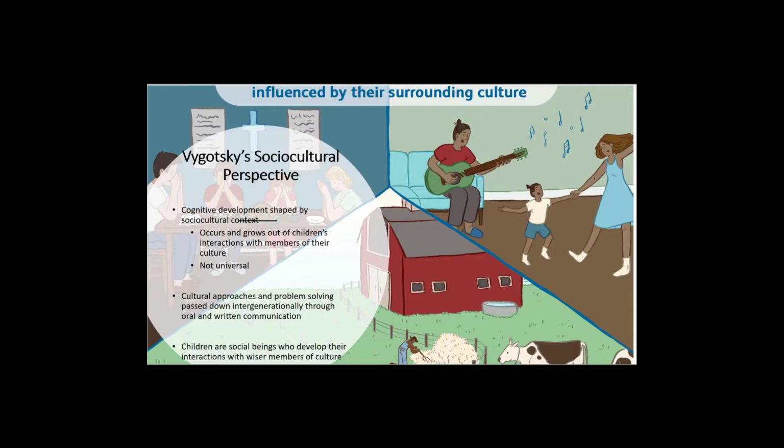Therefore, it is not universal. Cultures have different approaches and problem solving skills, and they emphasize particular skills, which are passed down intergenerationally. Embedded within this belief is that humans are social beings and they interact with wiser members of the culture.